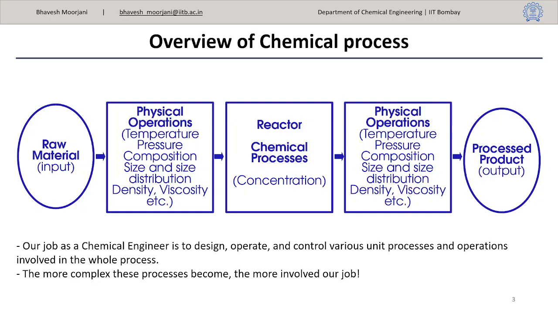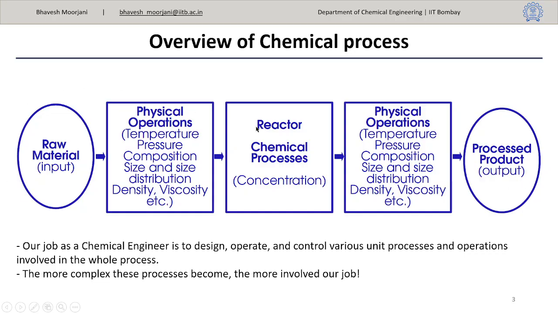So we have distillation columns, adsorption columns, different separation units, extraction units, leaching units, etc. Depending upon what kind of materials you have and what kind of products you have, you select a variety of unit operations, and then at the end you get a process output.